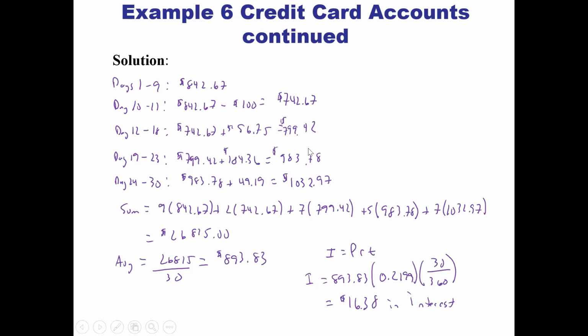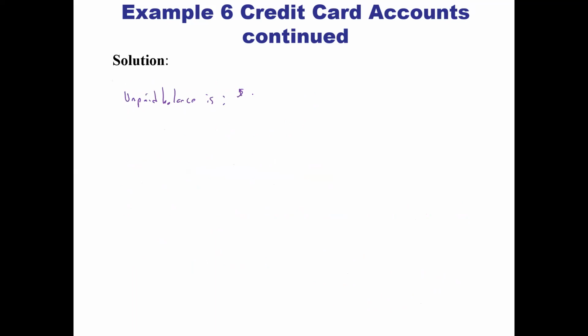All right, so now we have to get the unpaid balance at the beginning of the next cycle. That is the original value, which was $1032.97, plus our $16.38.